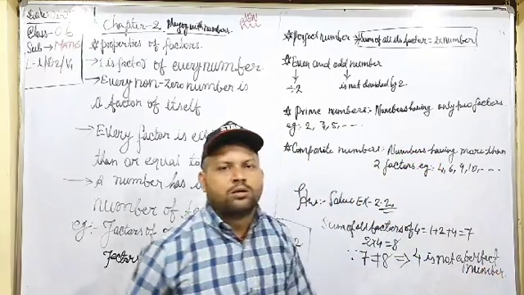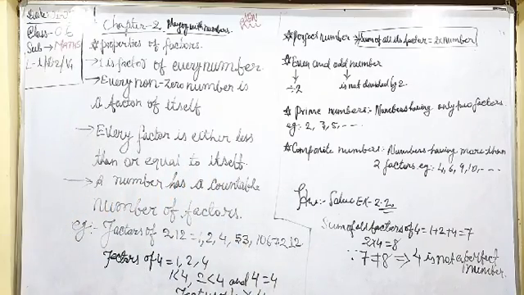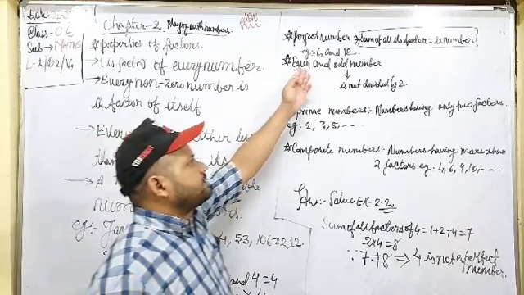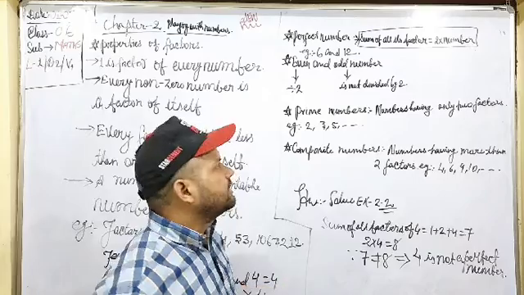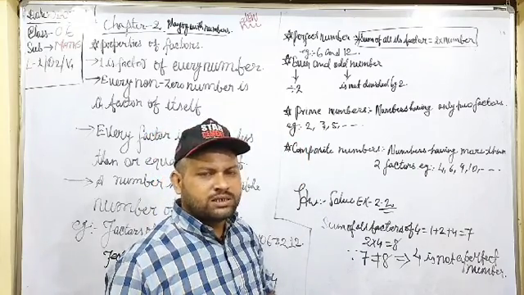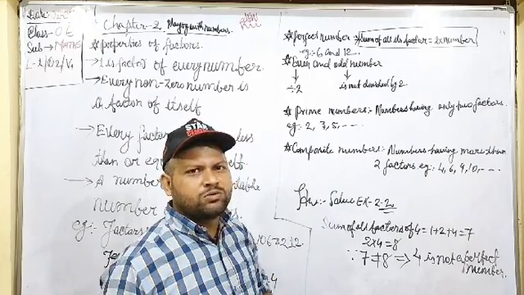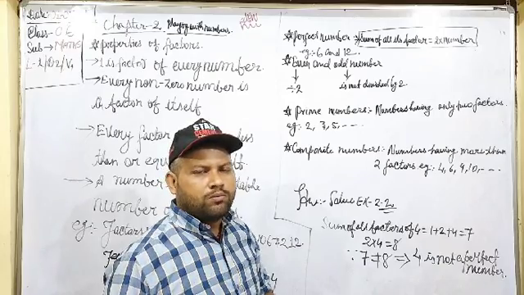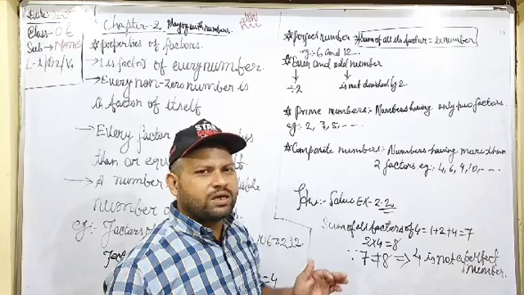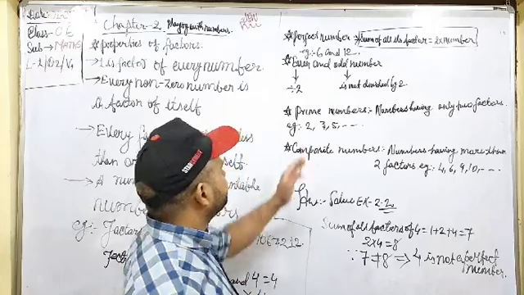Okay, so please try to understand it. An example of a perfect number is 6. The factors of 6 are 1, 2, 3 and 6. So 1 plus 2 plus 3 plus 6 is equal to 12, and 6 into 2 is equal to 12 also. That's why we can say that 6 is a perfect number.